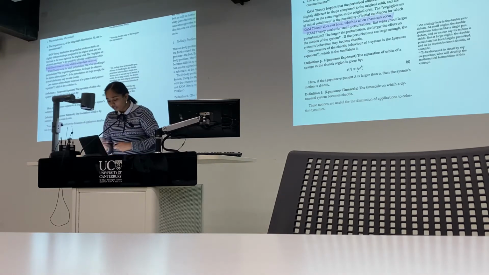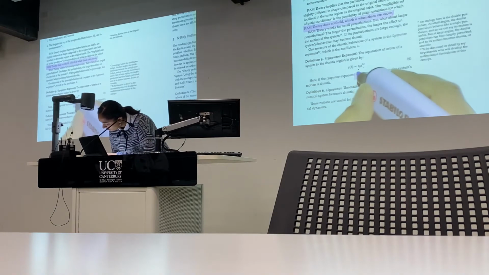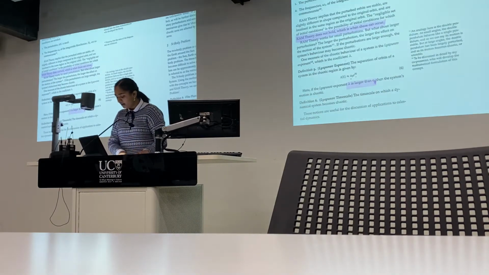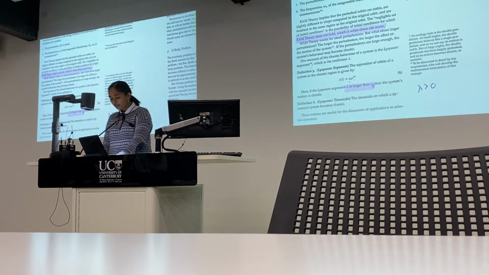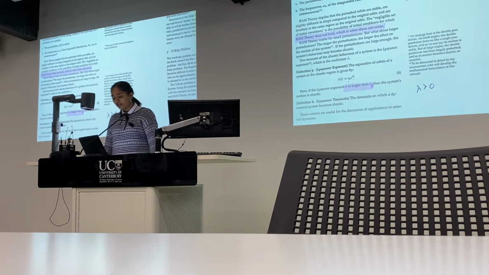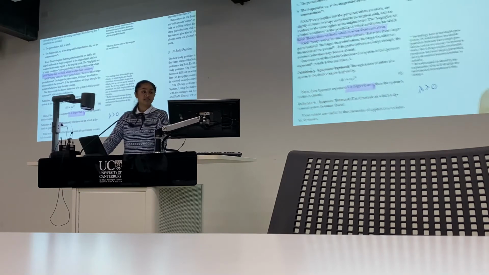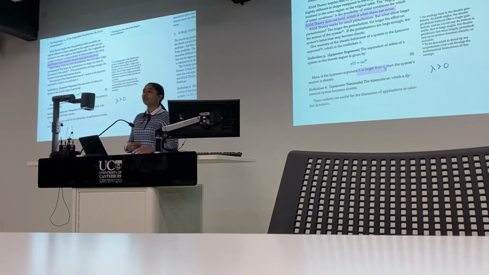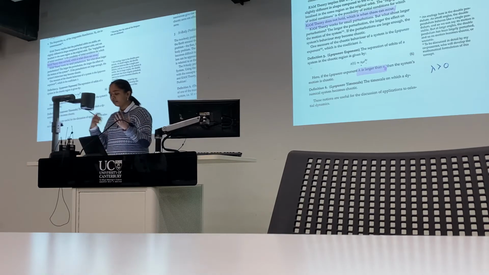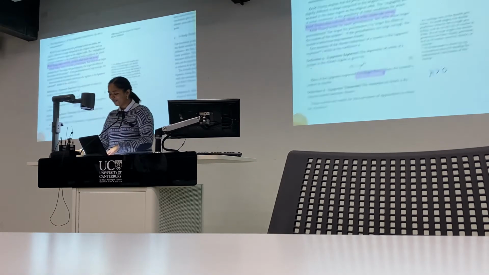What's important to note here is that if the Lyapunov exponent lambda is greater than 0, then the system's motion becomes chaotic. Similarly, we can talk about the Lyapunov time scale, which is the time scale on which a dynamical system becomes chaotic. I will be talking more about these concepts when we get to the applications part of the lecture.